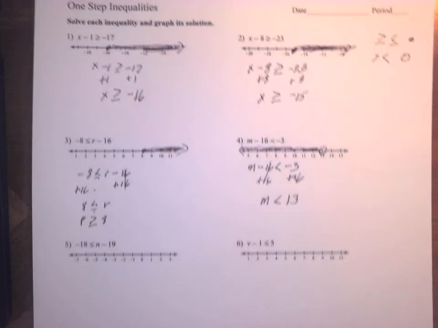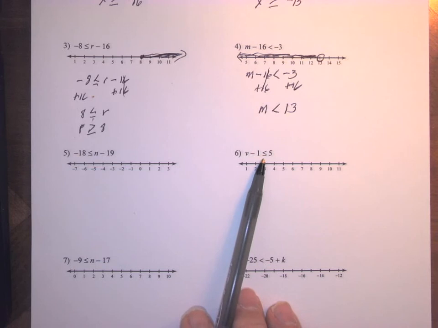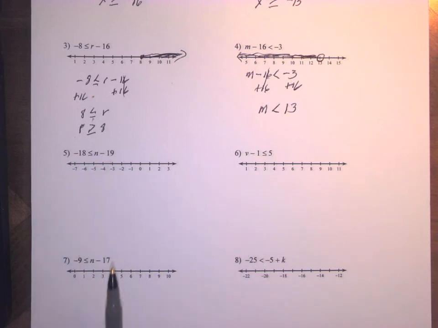All right, I'm leaving the last 4 for you guys. Just a little hint: the pattern stays the same. We've got less than or equal to, less than or equal to, less than or equal to, and then a less than.